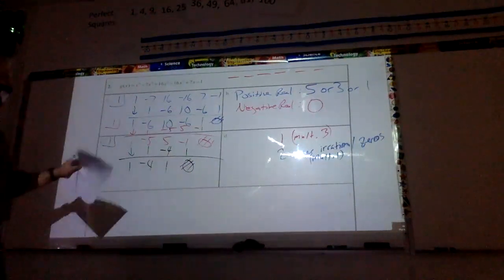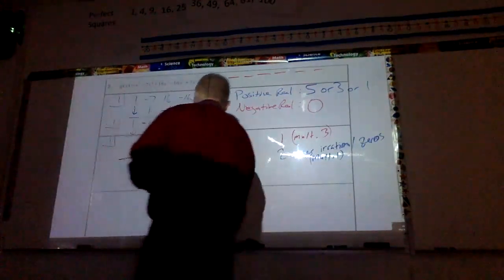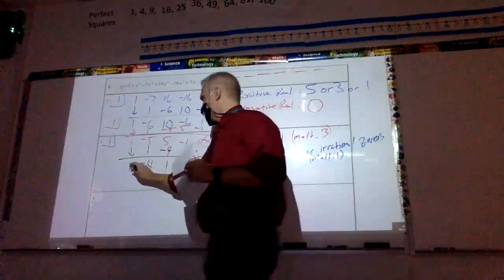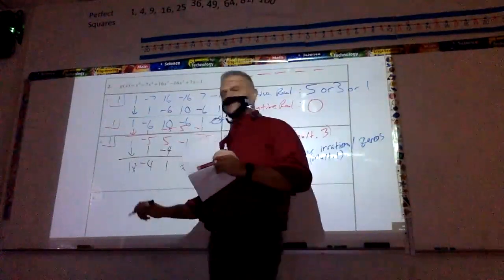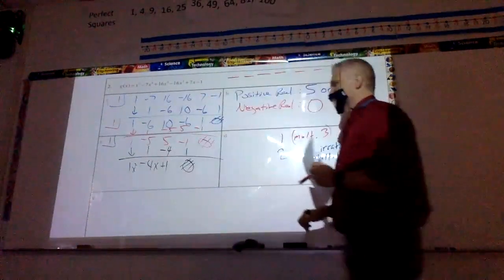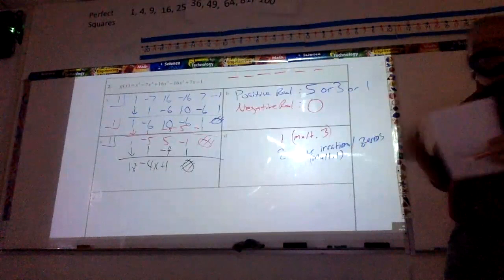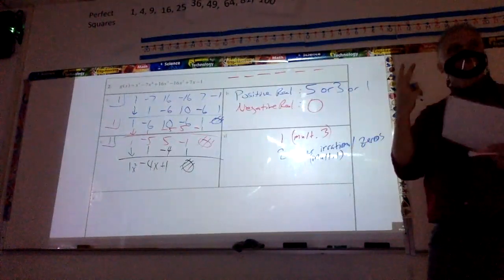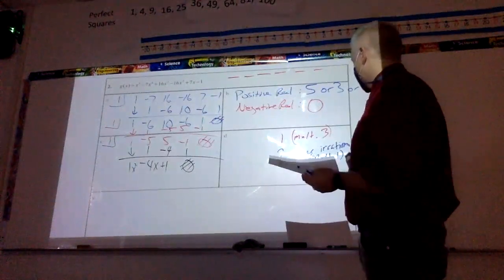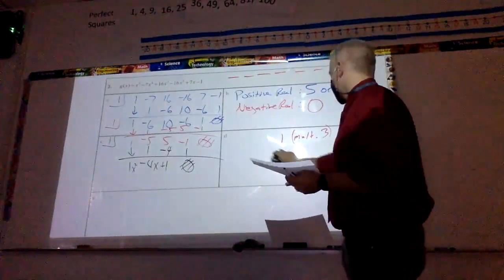So here we got 1x squared minus 4x plus 1. We'll set that equal to 0, and we'll find our last two irrational zeros.